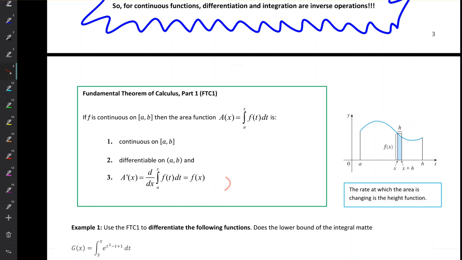Now I encourage you to go ahead and actually read the formal proof if you want for the fundamental theorem of calculus part 1. Right here, a continuous function on a closed bounded interval must have an absolute max and an absolute min on that interval.